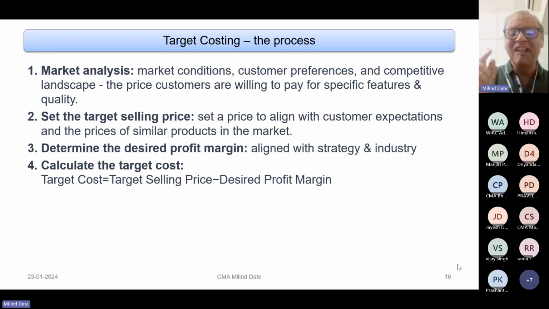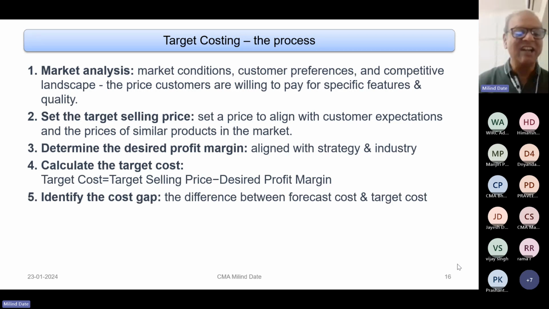So therefore, the next step is necessary, and that's called identify the cost gap. If your forecast cost is 2 lakhs of rupees and the market has given you a target cost of 90,000 rupees, you are way above the target cost. So what do you need to do?